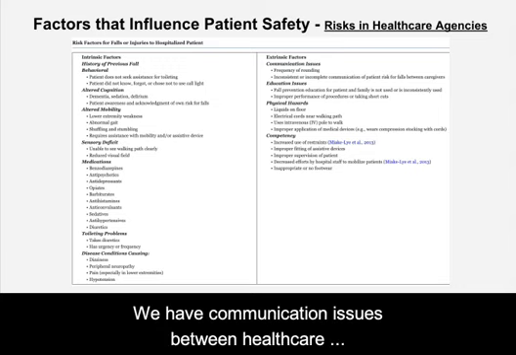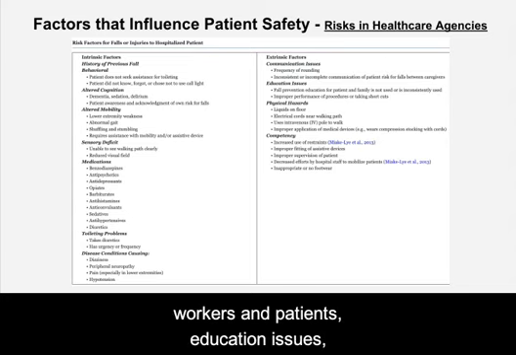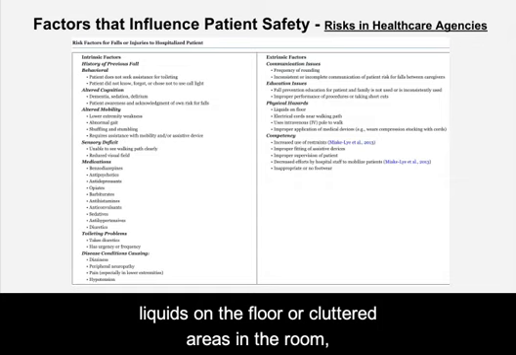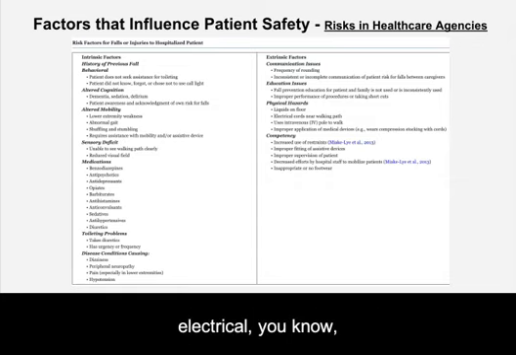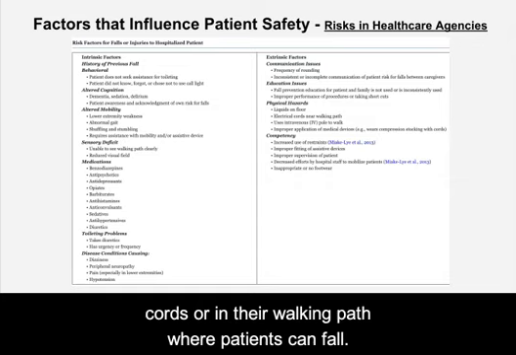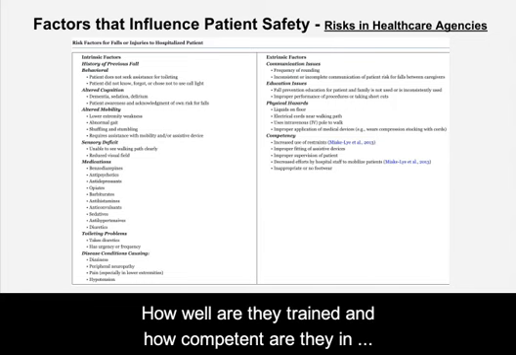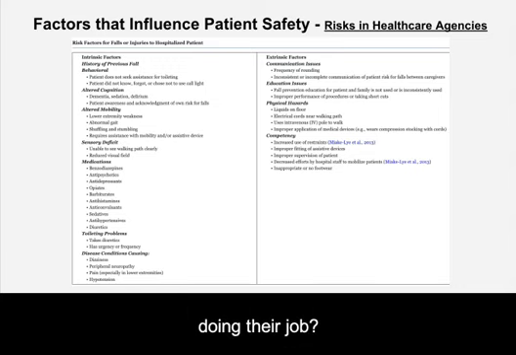We have communication issues between healthcare workers and patients, education issues, not providing enough education, physical hazards, for example, liquids on the floor or cluttered areas in the room, electrical cords in their walking path where patients can fall. Then you have the competency of healthcare workers, right? How well are they trained, and how competent are they in doing their job? So these can pose safety risks for patients.